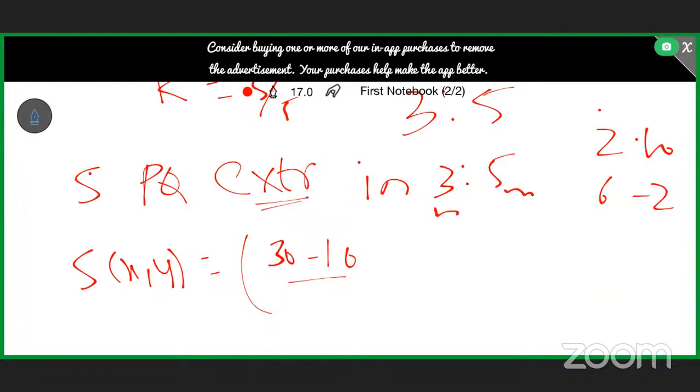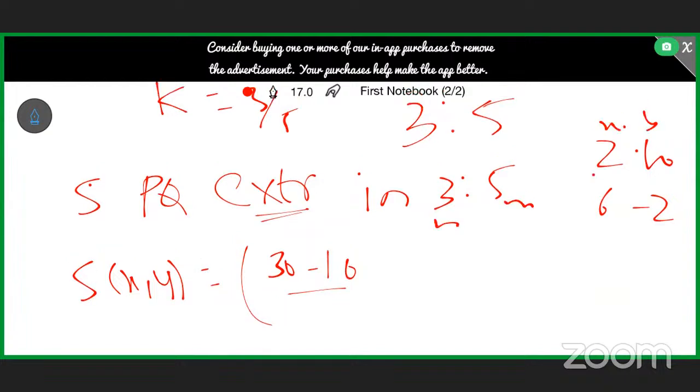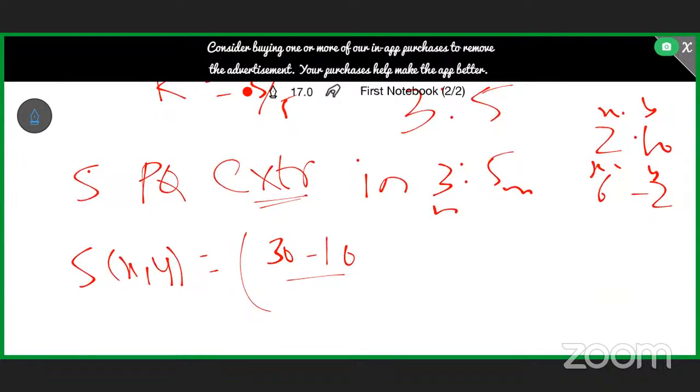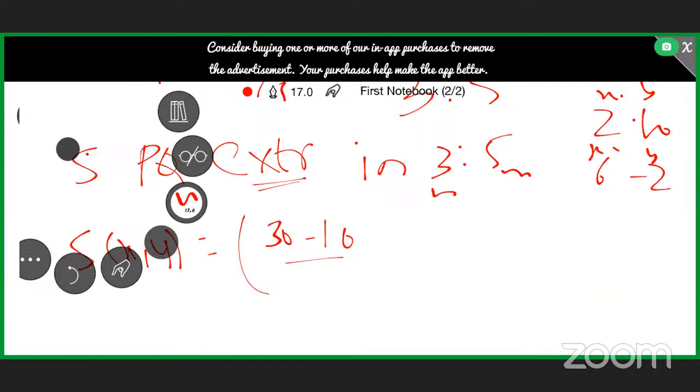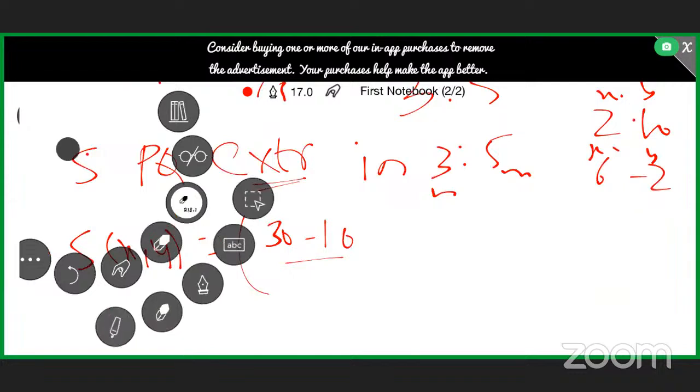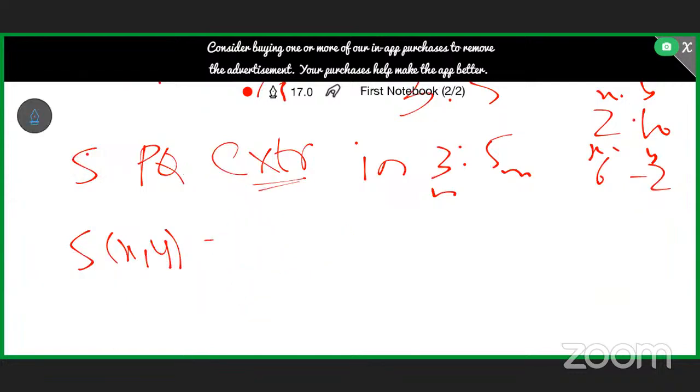That is x1, y1, x2, y2. Just a minute, wait. Because according to the formula, we take the greatest number value as m.